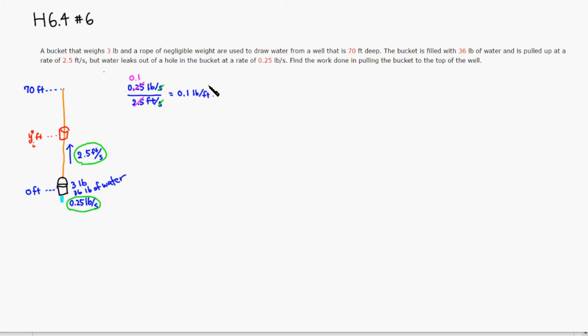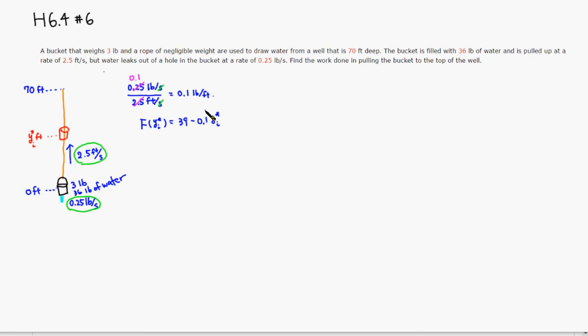So the force at yi star is going to be, originally you have 39 pounds because 3 plus 36, then it decreases at the rate of 0.1 pounds per foot, and we went up yi star feet.